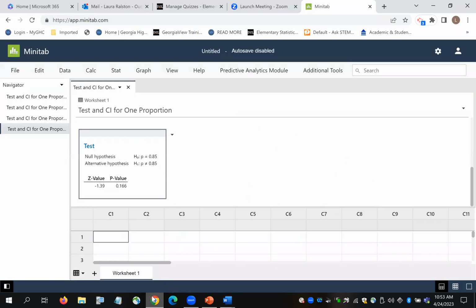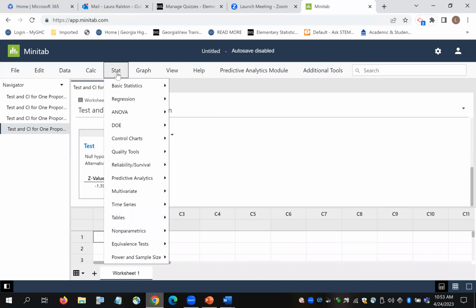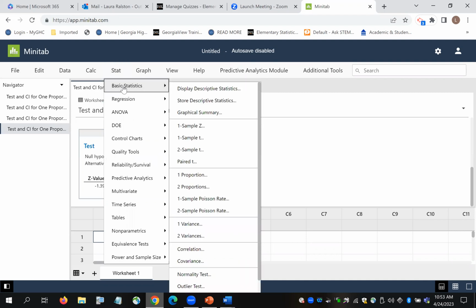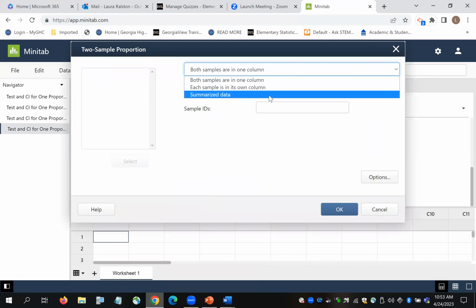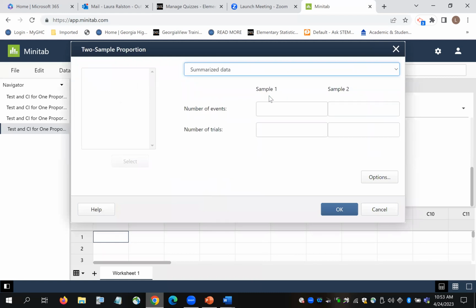So over to Minitab we go. Stat, basic statistics, 2 proportions. We have summarized data, and it asks you for the number of events for sample 1 and sample 2.